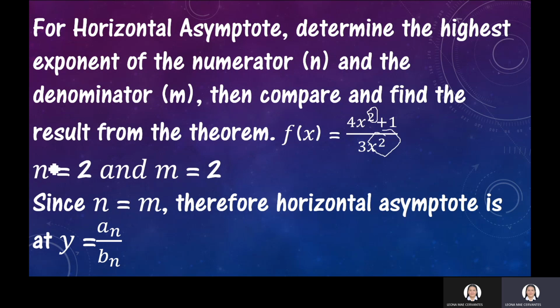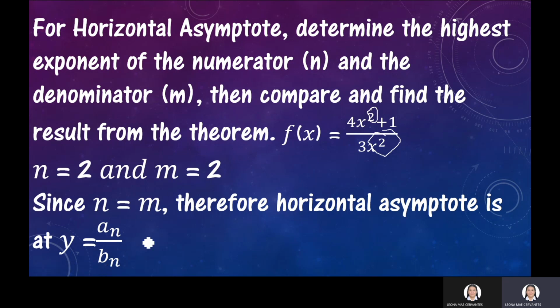Therefore, n, the highest exponent ng numerator, is equal to 2, and m, the highest exponent ng denominator, is equal to 2. Since 2 is equal to 2, therefore n is equal to m. Therefore, the horizontal asymptote is at y is equal to a sub n over b sub n.